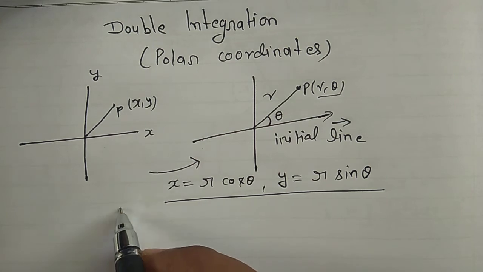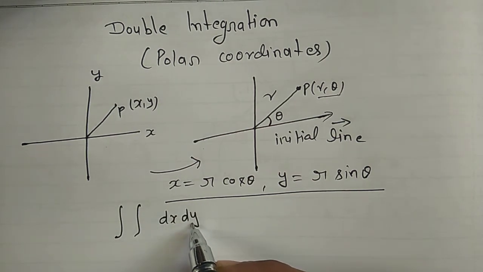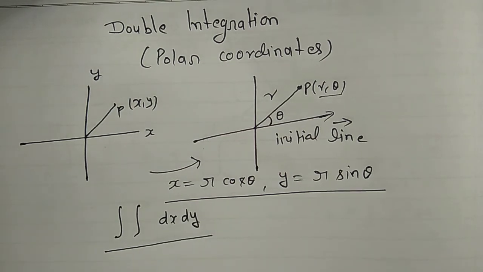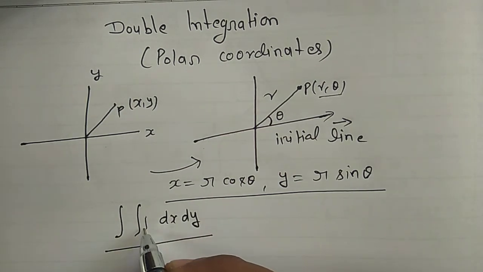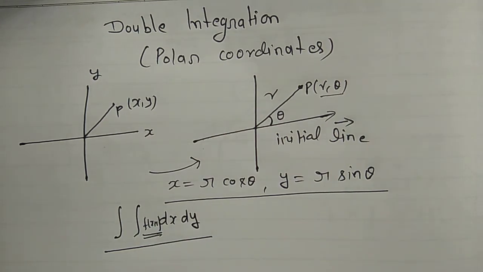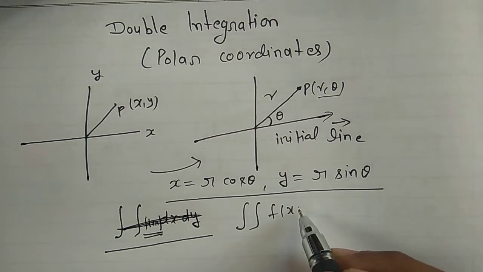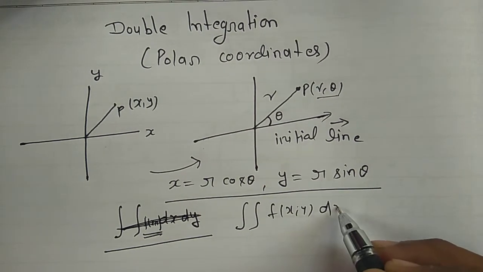Now if you see the double integration dx dy, how do we change it to polar coordinates? Suppose we have a function of x, y. Let me write again, double integration f of x, y dx dy.